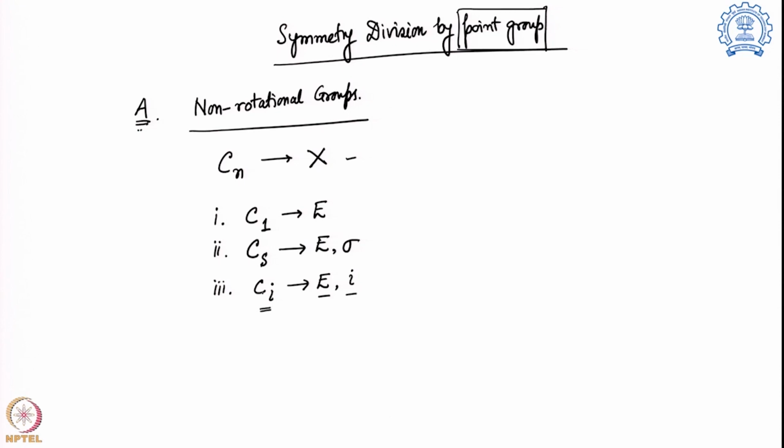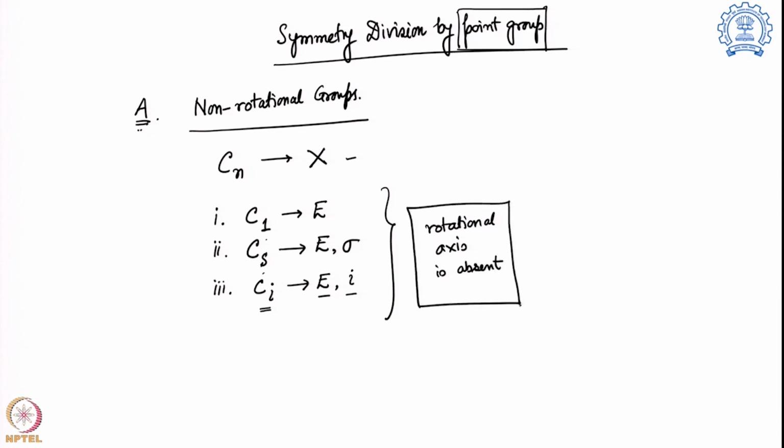C is the point group notation, and this subscript i is saying what the other thing present in there is. So, these are the 3 point groups possible when I do not have any rotational axis present. So, rotational axis is absent in this particular molecule. We will come into some of the examples of such molecules later on.